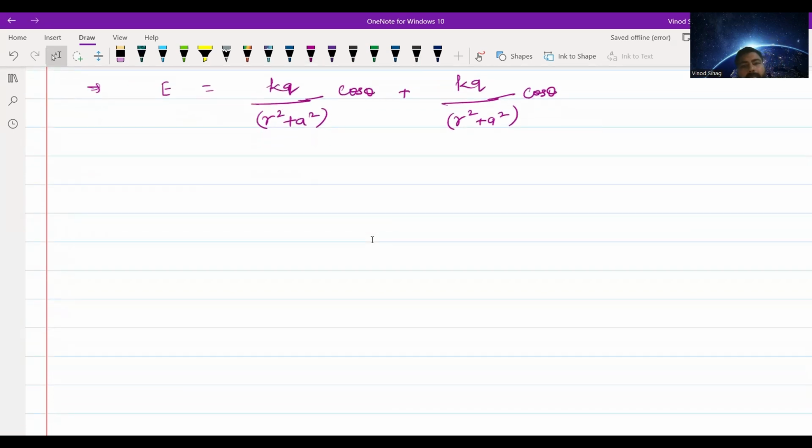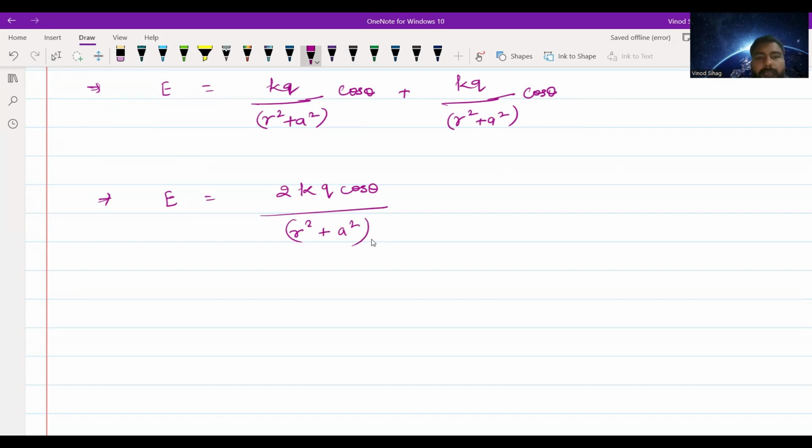सो कितना हो जाएगा यहाँ पे इलेक्ट्रिक फील्ड? So electric field will be, it is not necessary to write P here, twice of K into Q cos theta divided by R square plus A square.